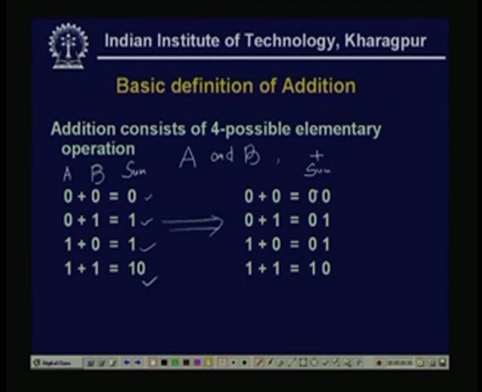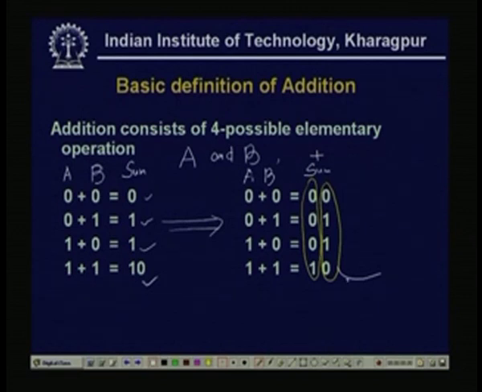If I add A and B, and my sum is realized by only 1 bit, then the lowest bit, 0 1 1 0, I can define as my sum bit, normally denoted as S. And this 0 0 0 1 we call the carry bit, normally denoted by C.